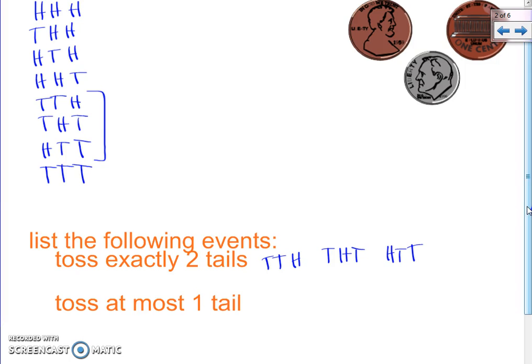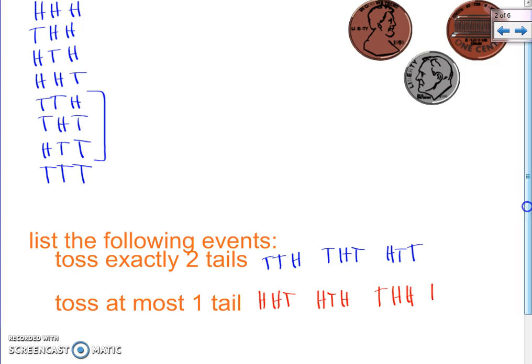Where are the situations where there's at most 1 tail? Which ones have just at the very most 1 tail? That's it.